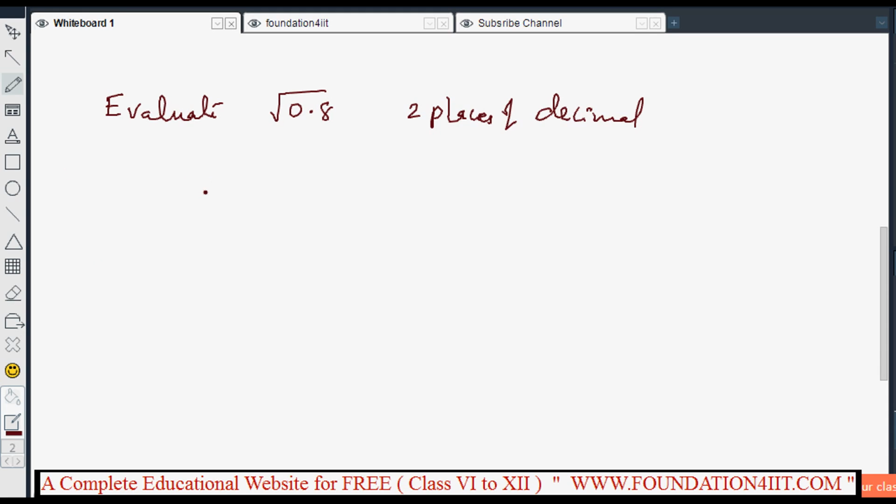So we can take two places of decimals. After the point there should be 6 digits, because we need to correct up to 3 places first. So 0.8, one digit is given. Now another 5 we need to keep.